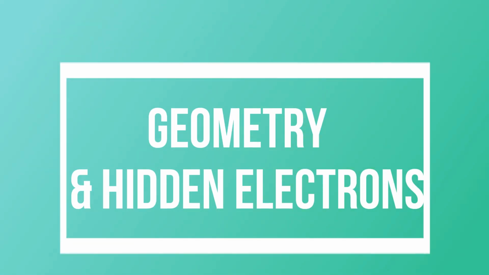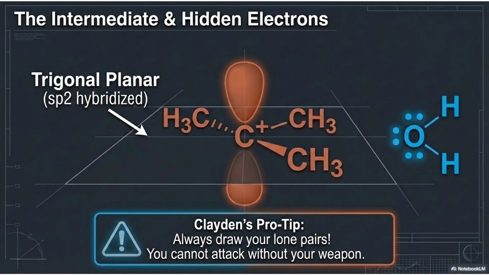Now let's see the geometry of the intermediate and its hidden electrons. What happens in step 2? You have seen that the nucleophile will attack this carbocation, and your nucleophile is H2O. This H2O will provide the OH minus, and the electron pairs of the oxygen will make the attack.